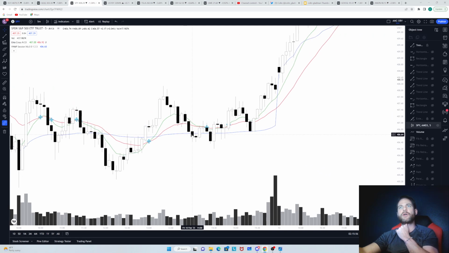And then you can always come down here and, like I said, let me put it this way. You've got to wait for the right moment. So if you were like, okay, it looks like it might curl down, it might push down, then you want to have a stop that's basically right above VWAP.